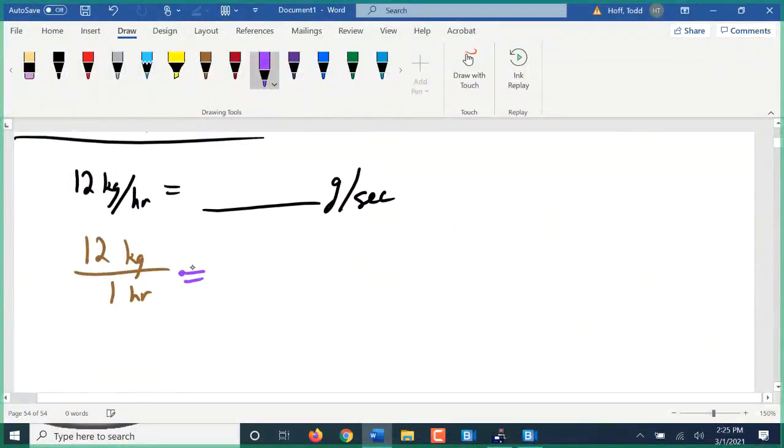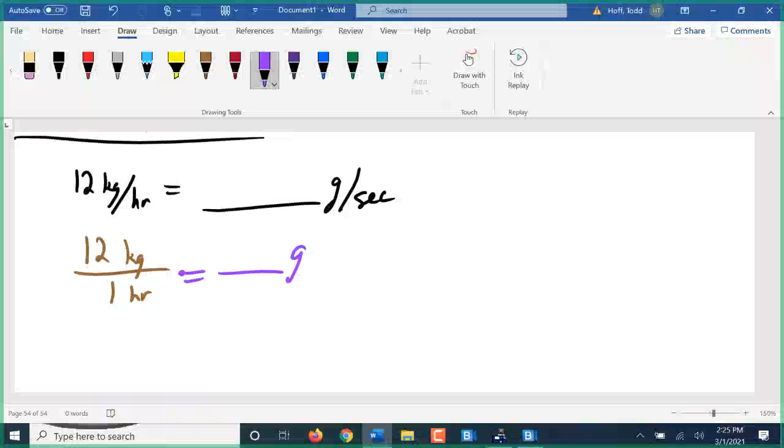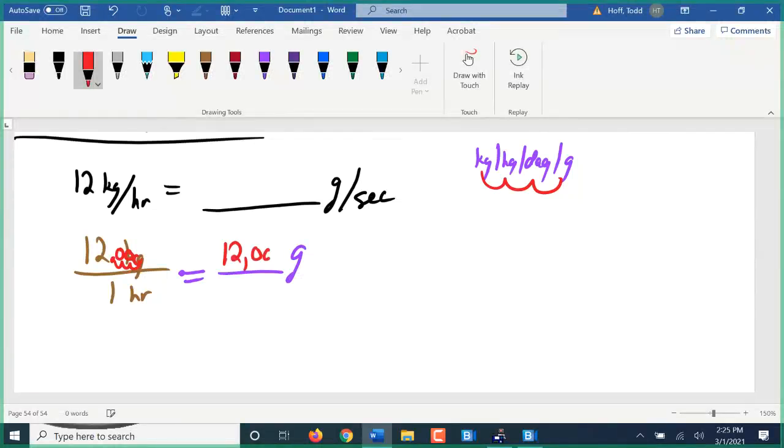Let's do my kilograms first. Changing kilograms to grams. On my chart, to get from kilograms to grams, I have to move 3 spots to the right. So I'm moving my decimal point here 3 spots to the right, filling in zeros. So it's 12,000 grams per 1 hour. Now I still have to get rid of the hours.